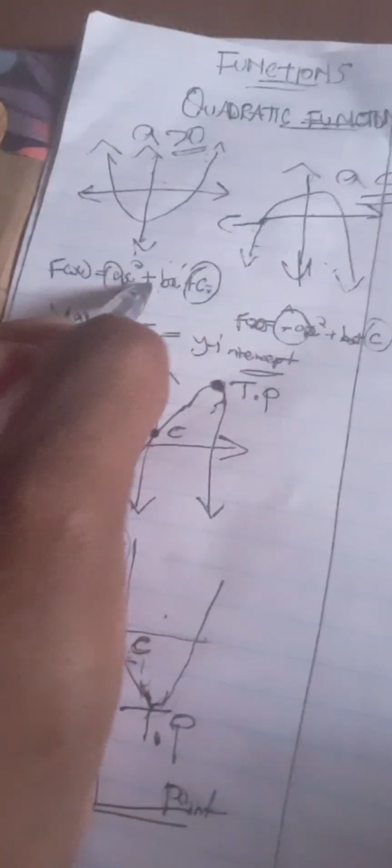So this is what we do when we want to find the x-coordinate of the turning point. After we have used this formula to find it, what we simply do is use this x value and substitute it into the original equation. This is our original equation.